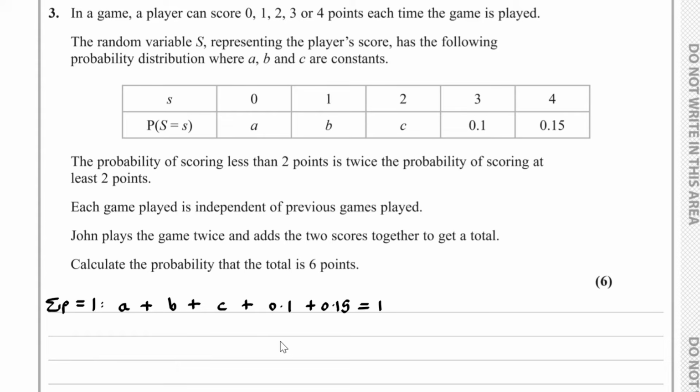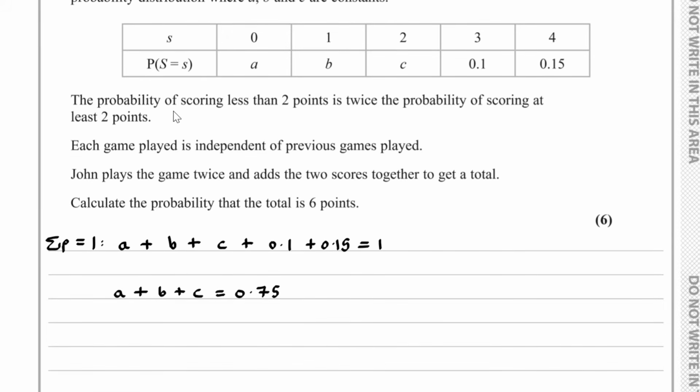All this is equal to 1. So we can simplify all this to say that A plus B plus C is equal to 0.75. Okay?